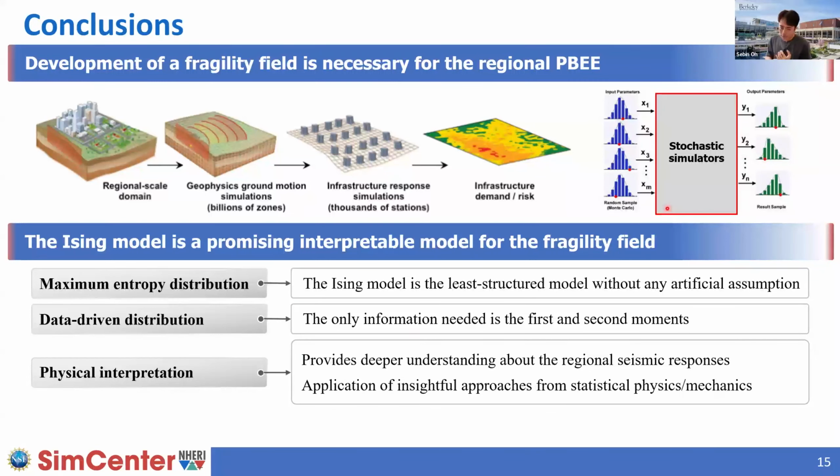And also, since the Ising model is a very fundamental model in statistical physics for studying more advanced topics, like multi-scale behaviors of a complex system, we are trying to apply more advanced concepts in statistical physics to deeply understand the collective and multi-scale behavior of regional seismic responses.